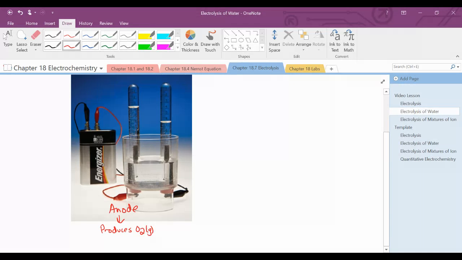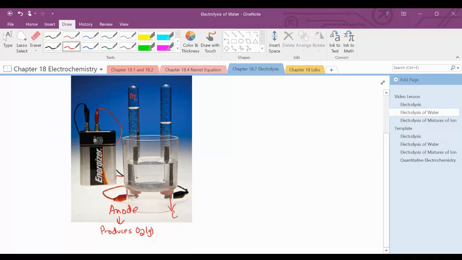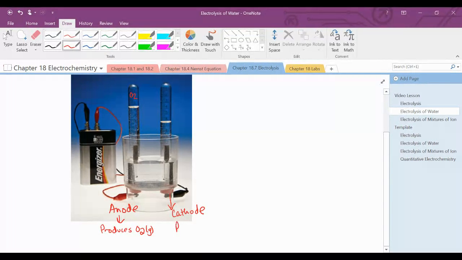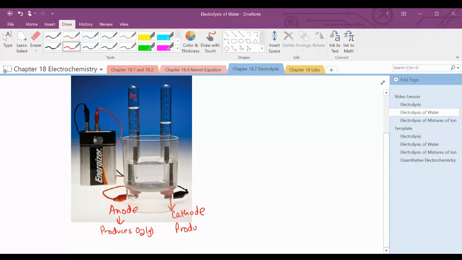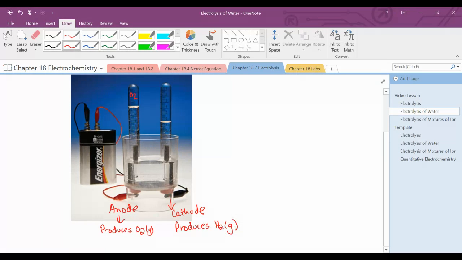At the top here, this is the oxygen gas being produced. On the right-hand side is the cathode, and that produces hydrogen gas. You can see there's twice as much hydrogen produced than oxygen, and that will be seen in the net reaction.